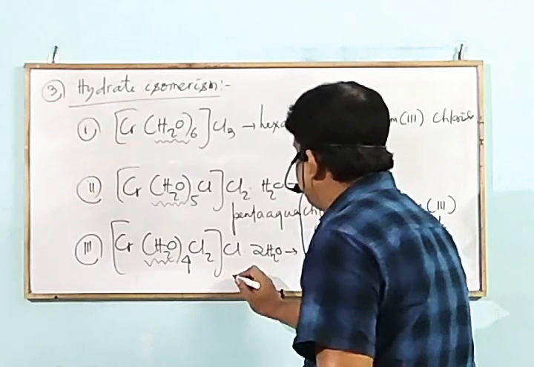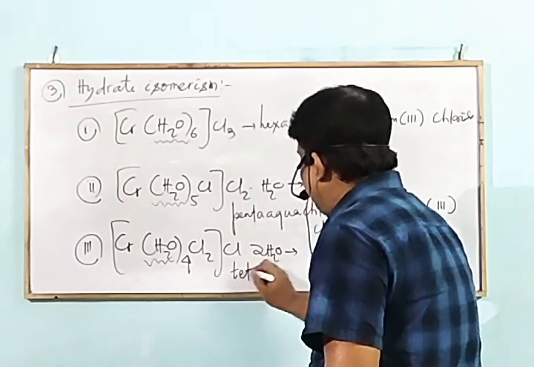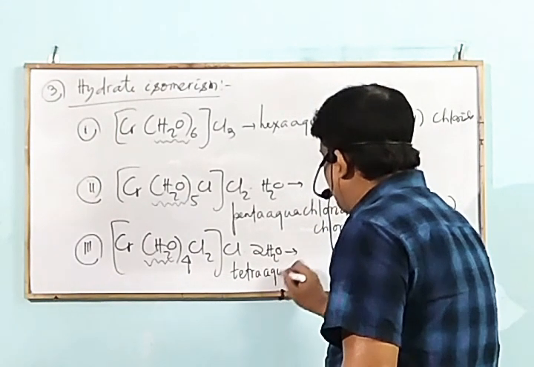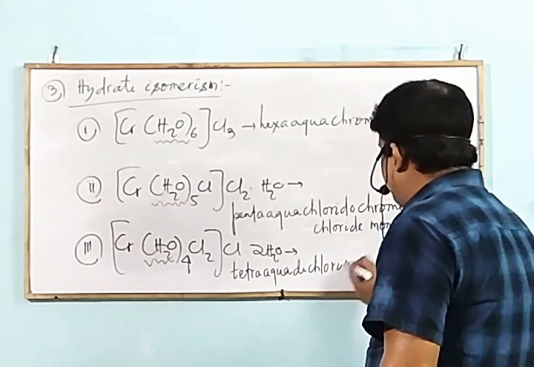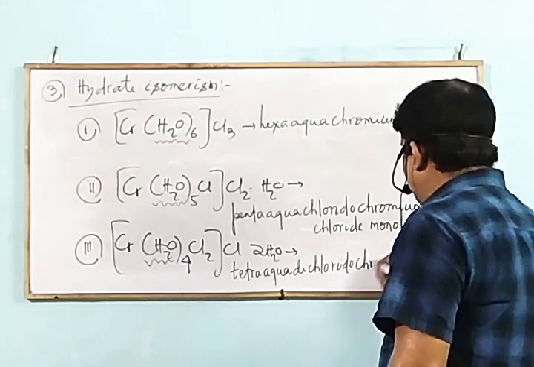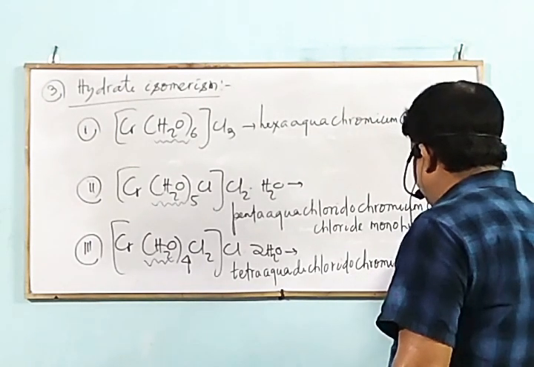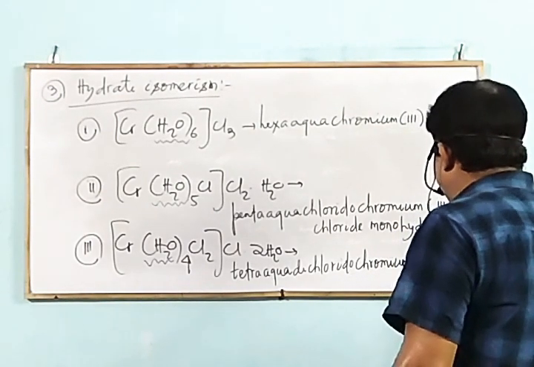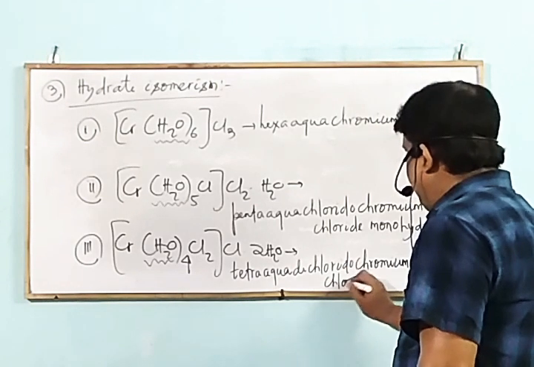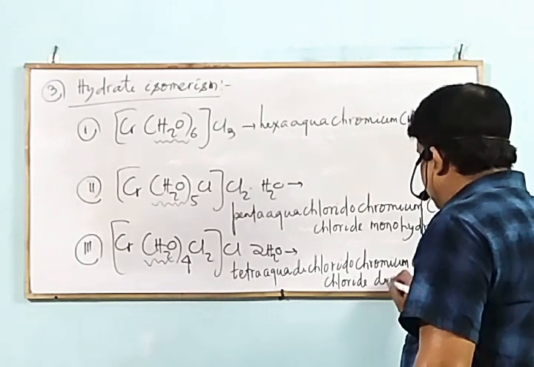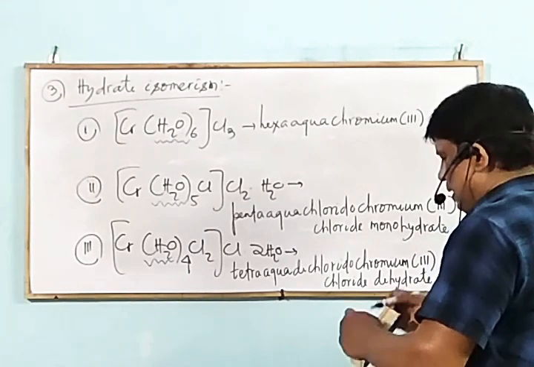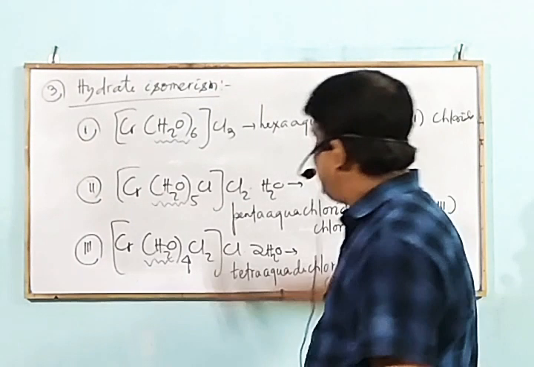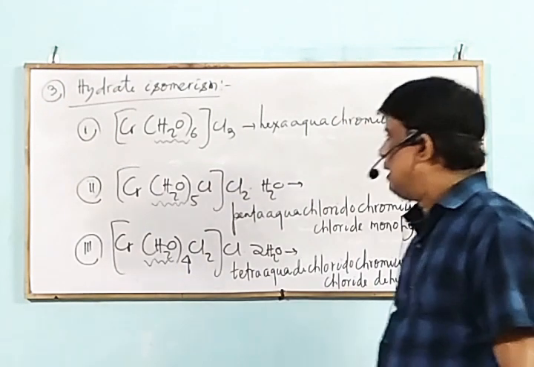Its name is tetraaqua dichlorido chromium 3 chloride dihydrate. Mark that, same formula, differing number of water molecules acting as ligand.